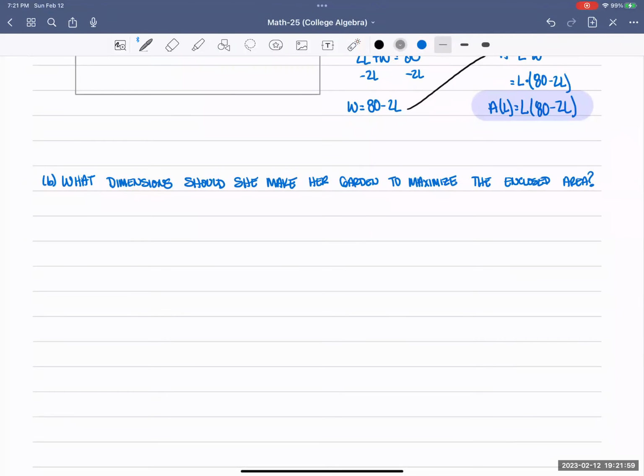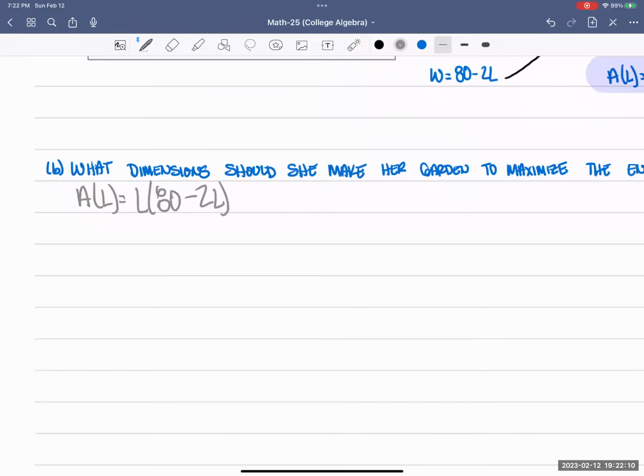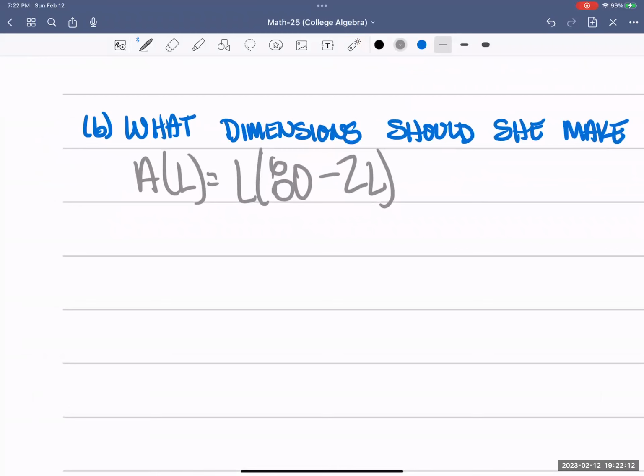Let's rewrite the equation that we just made up in part A: L times 80 minus 2L. Let's expand this. Multiply L to both parts. We have 80L minus 2L squared.